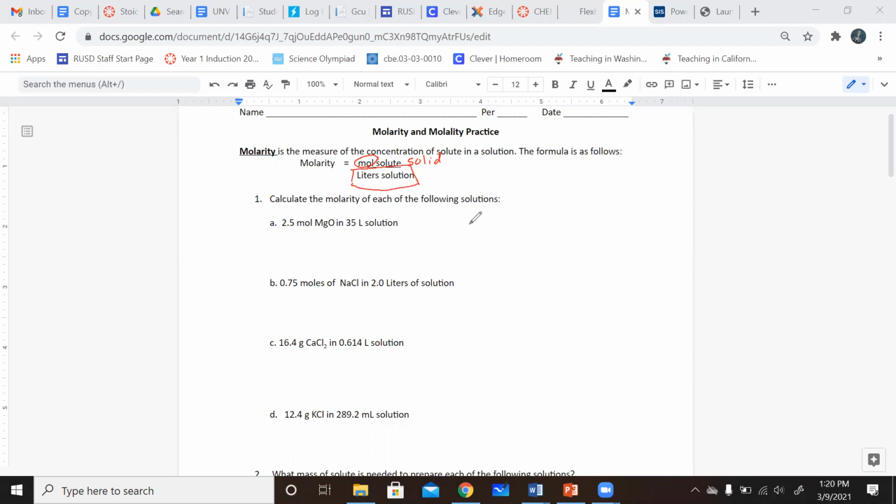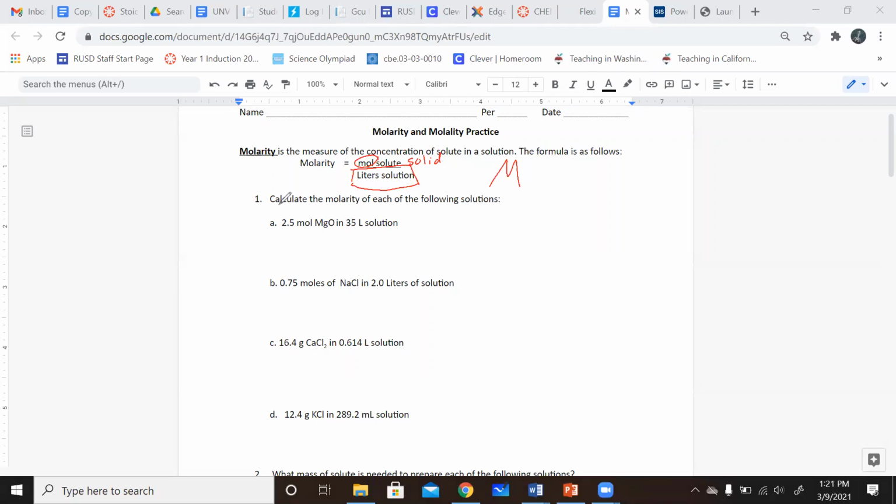So the numerator in our molarity fraction has to be in moles and the denominator is going to have to be in liters. If any of that information is given to you in not moles or not liters, you're going to have to convert. And then finally, our unit for molarity is a big capital M.